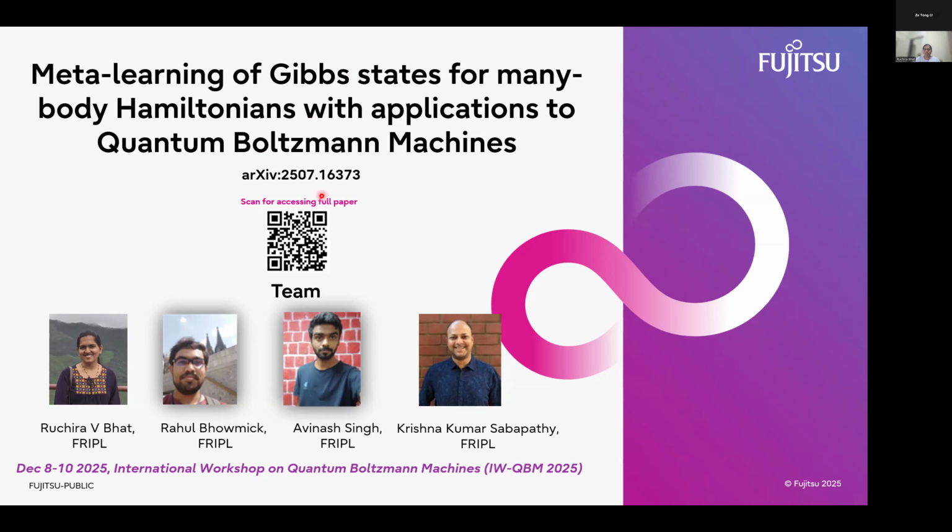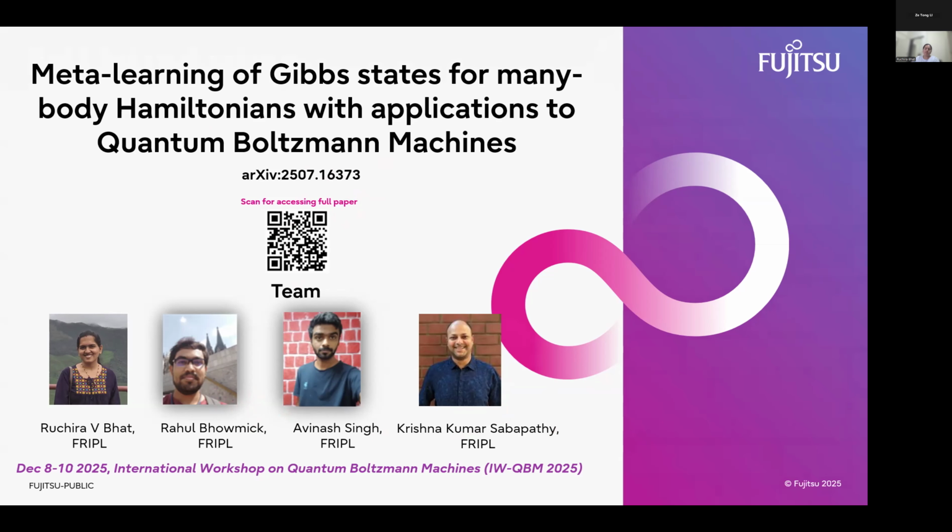For those who are interested to know more technical details, you can go through our arXiv article. This work has been done in collaboration with my team in Fujitsu Research India, especially Rahul, Avinash, and Dr. Krishna.